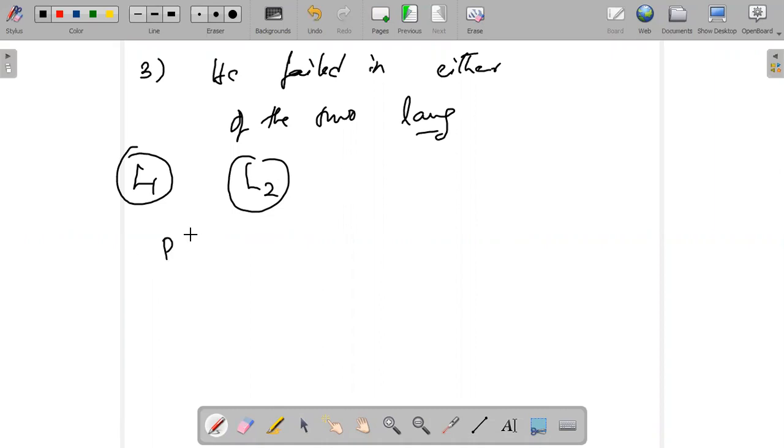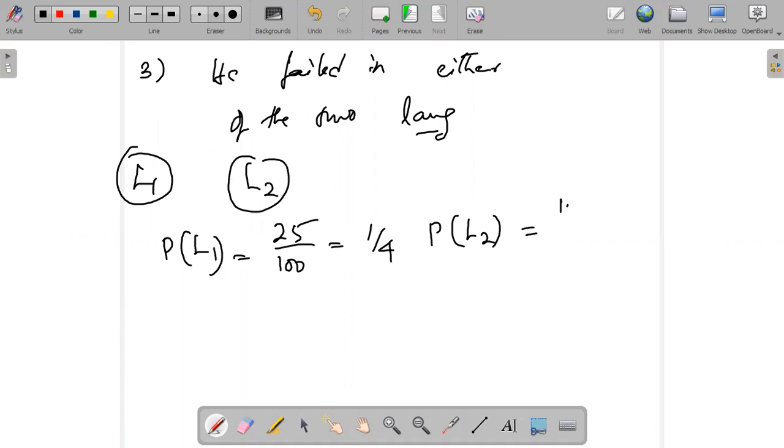So probability of L1 will be 25% which is 25 by 100, so you get 1 by 4. And L2 is 15%, 15 by 100, so you get 3 by 20.